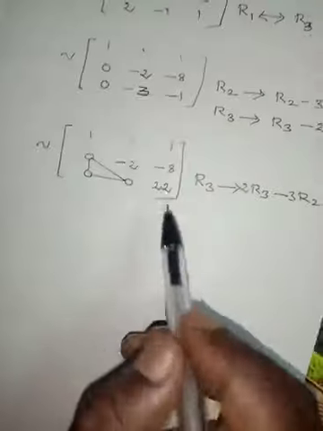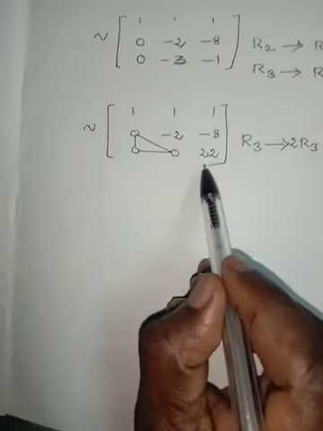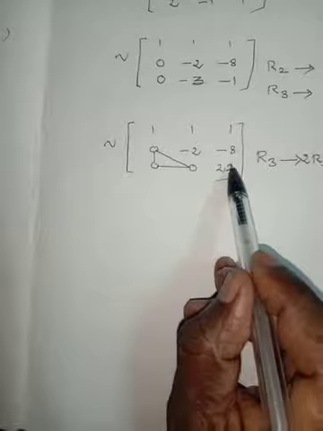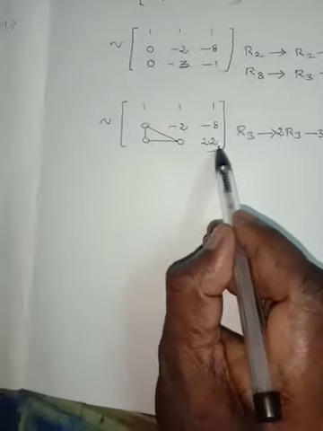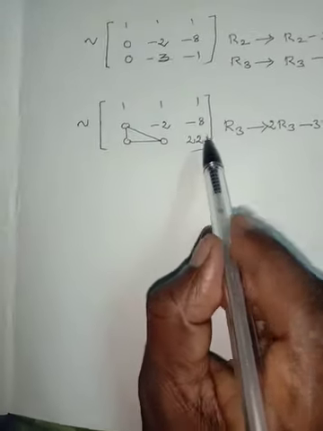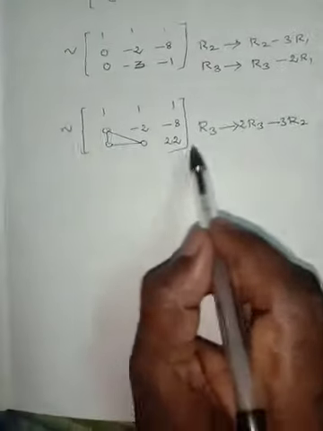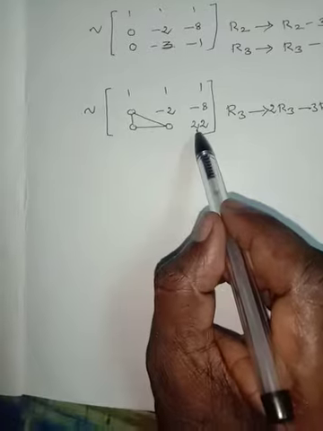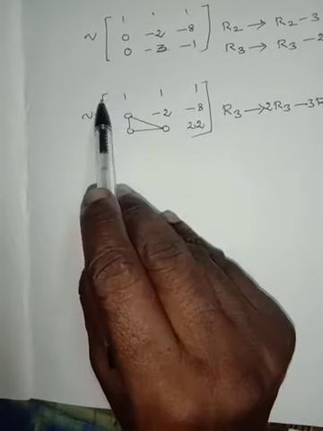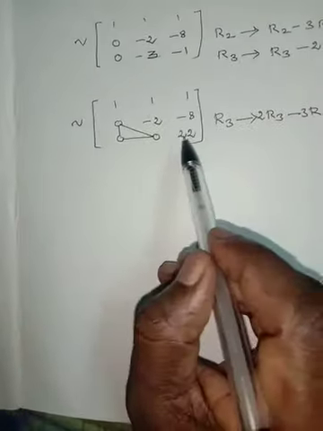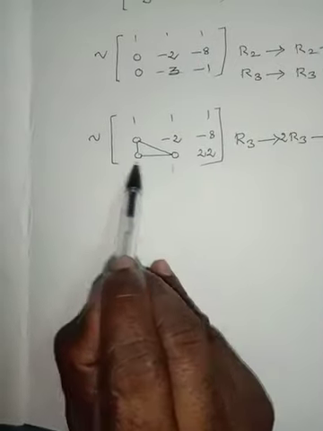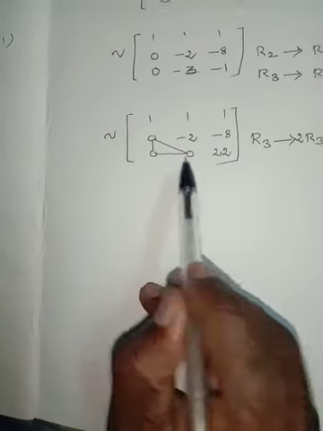Third rule, we are going to eliminate the A33 index, that is 22, to make it 0. In this case, 22 into 0, we cannot eliminate this 22. Why? The reason is, suppose the first row is multiplied by some number, subtracting or adding, we get 0 into number, 0 into number.